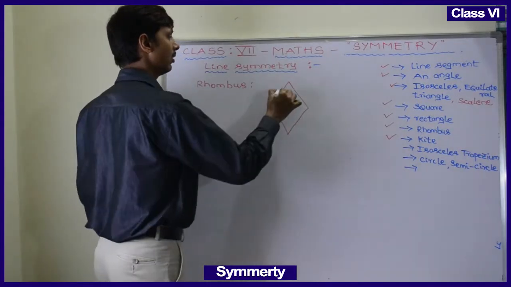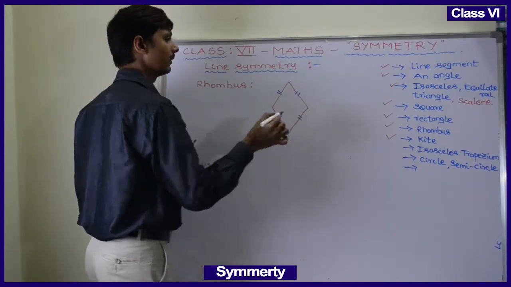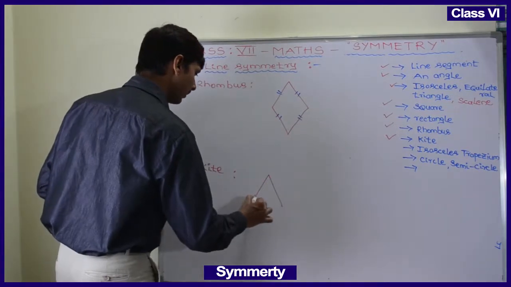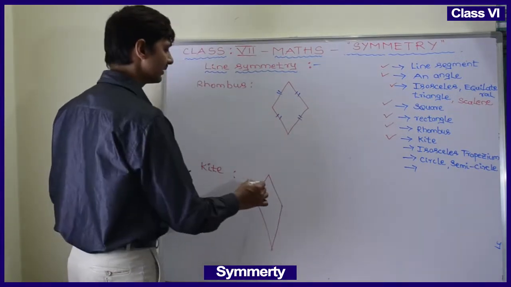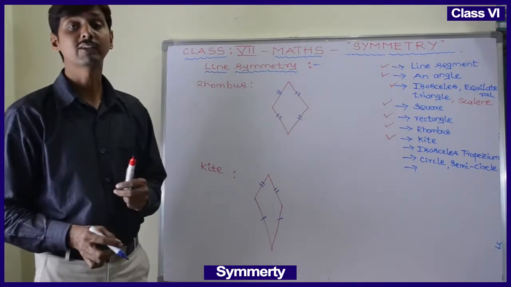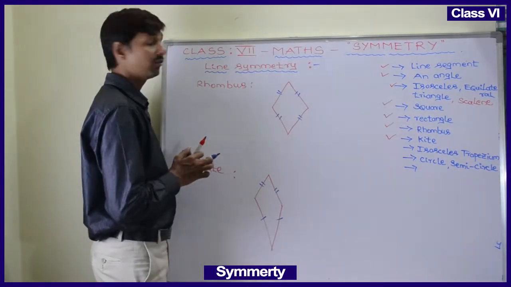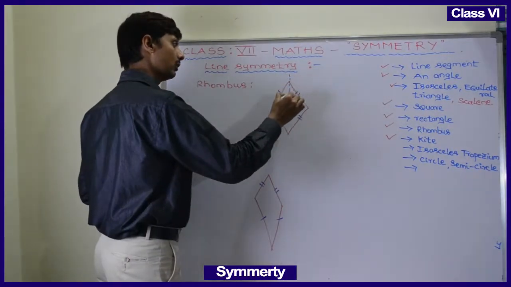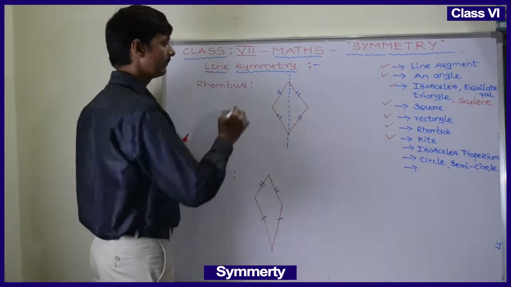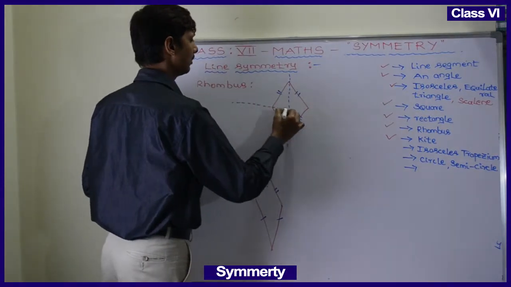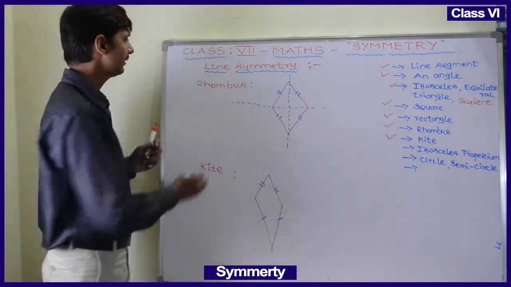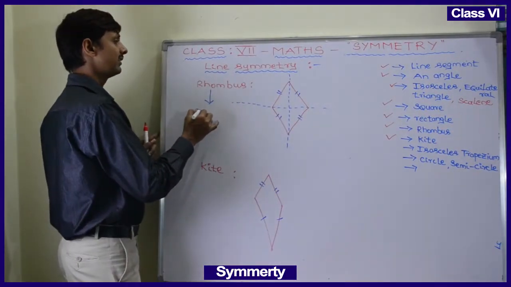And a kite is one in which adjacent sides are equal. Only adjacent sides are equal in this. So when we try to draw a line of symmetry for a rhombus, along opposite vertices we draw, and this is one line of symmetry. And another pair of opposite vertices gives the next line of symmetry. So here we got two lines of symmetry.